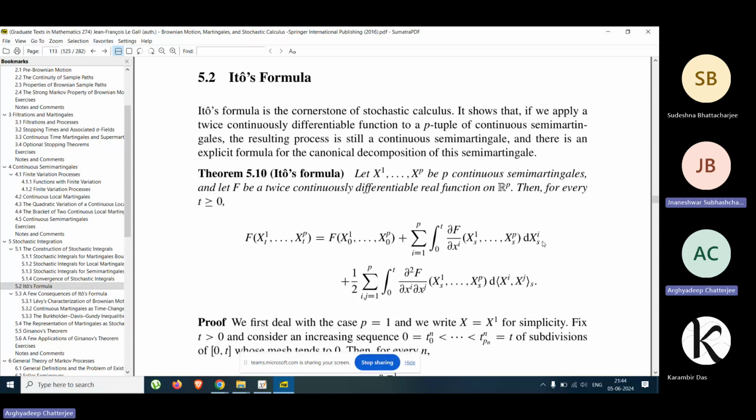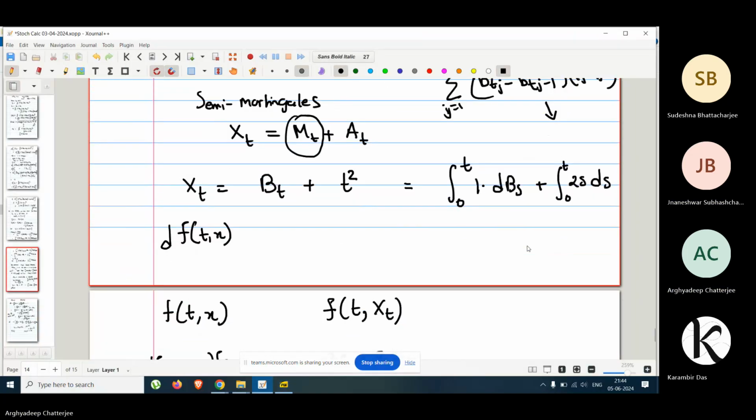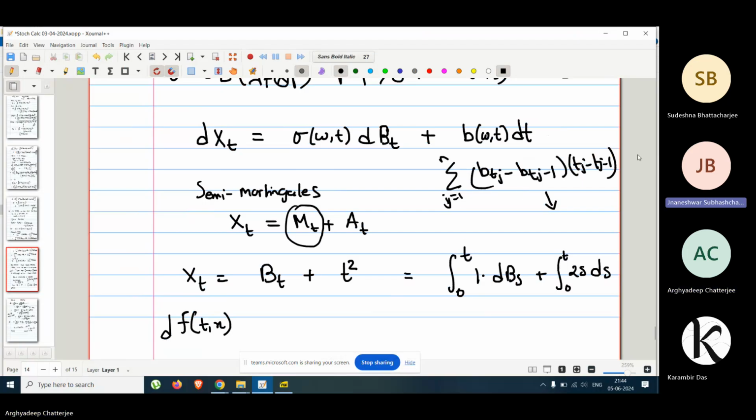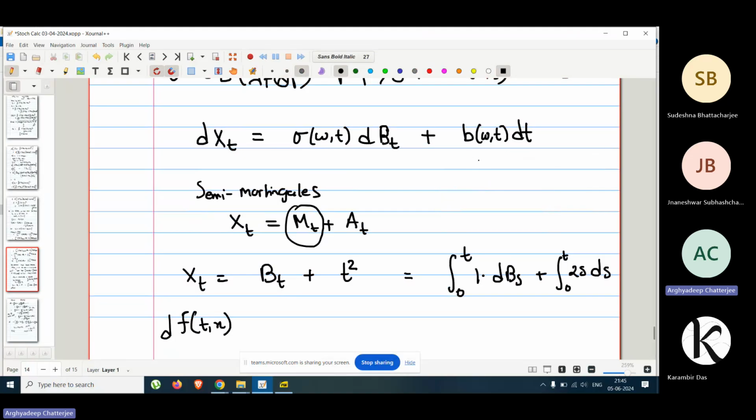Correct. Shouldn't there just be... It looks like a Riemann sum, what you wrote, right? Sorry, I miswrote.